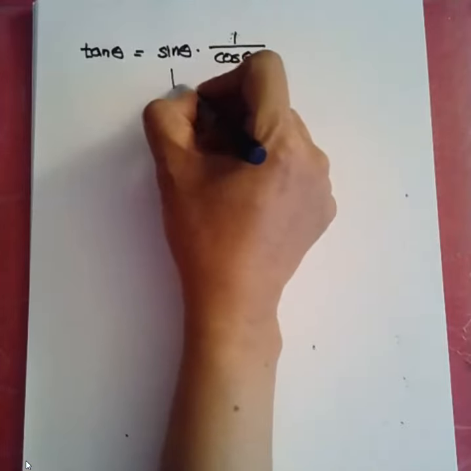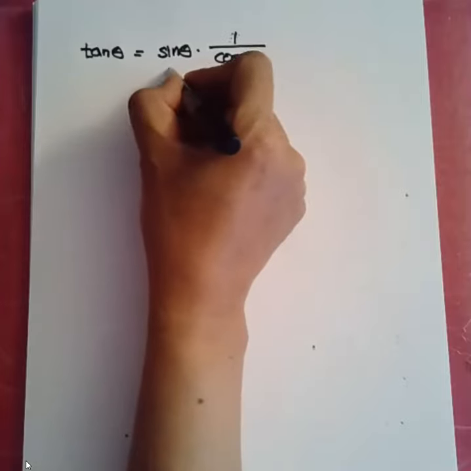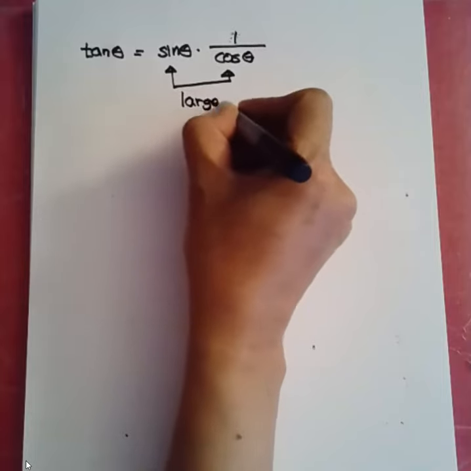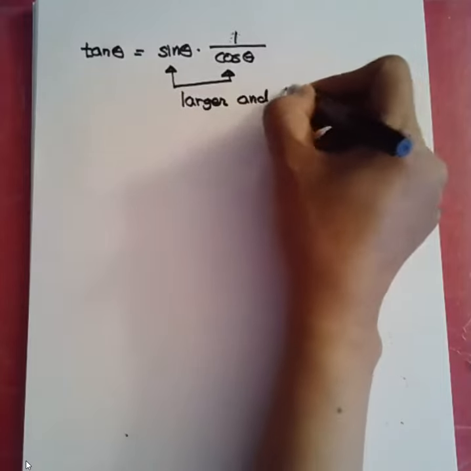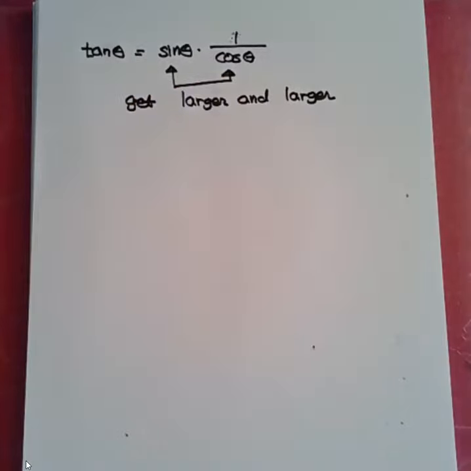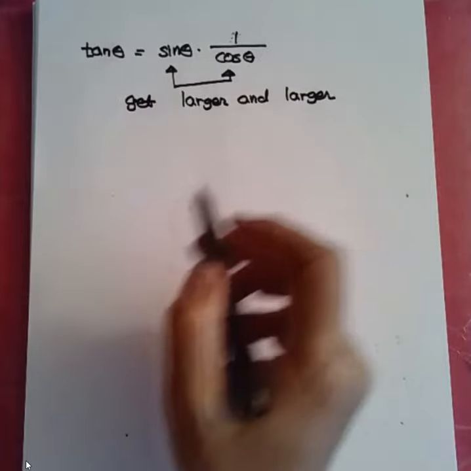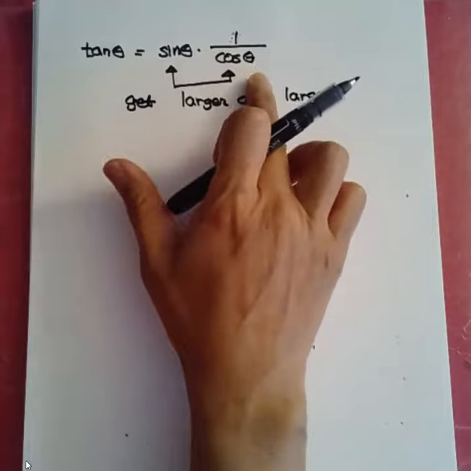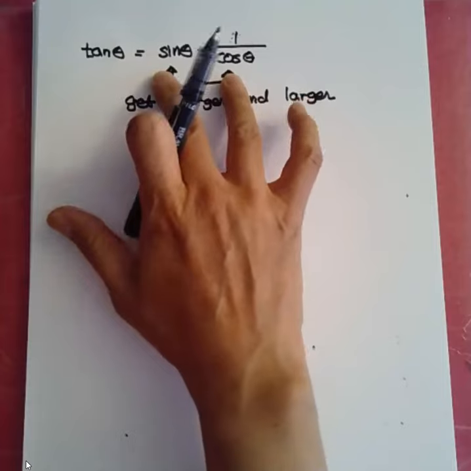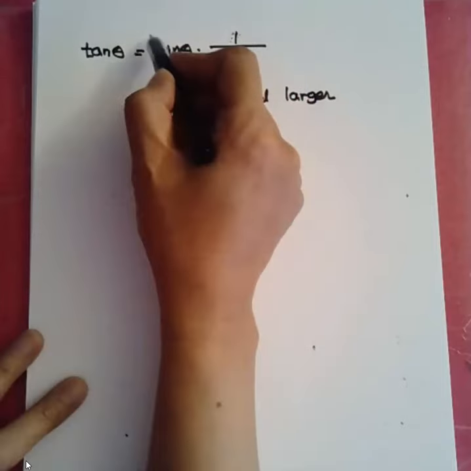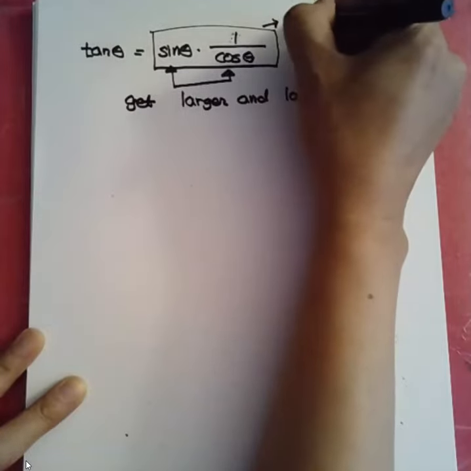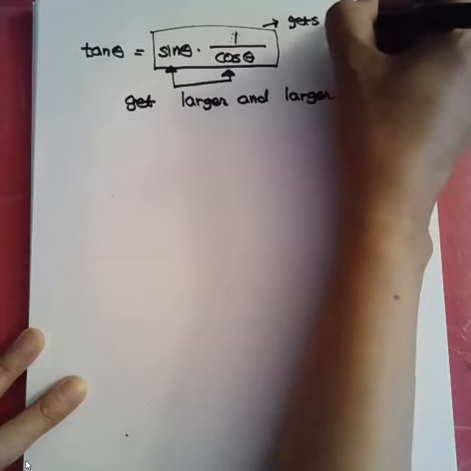What we know about both is both components will get larger and larger. So you can say that when you multiply two numbers and both numbers are getting larger and larger, then you can say that this whole thing will get larger.